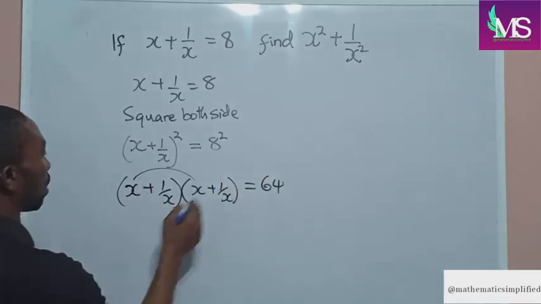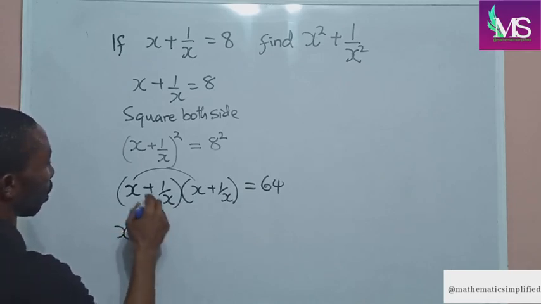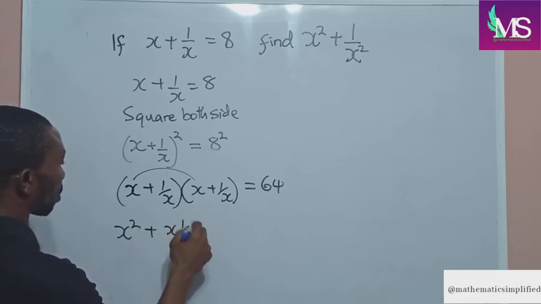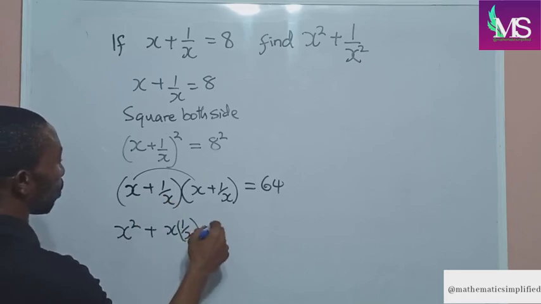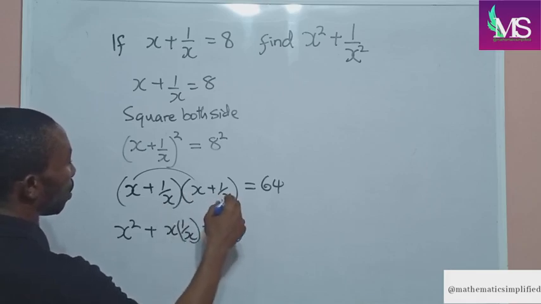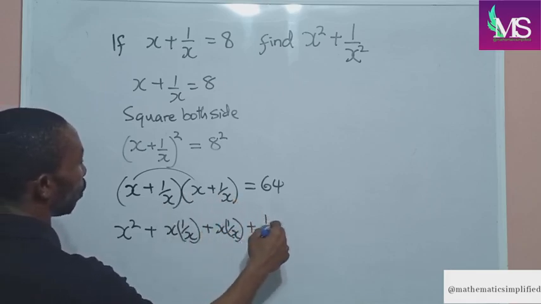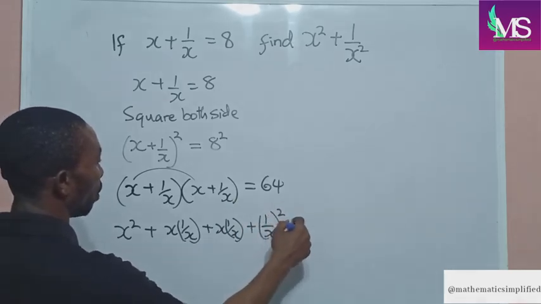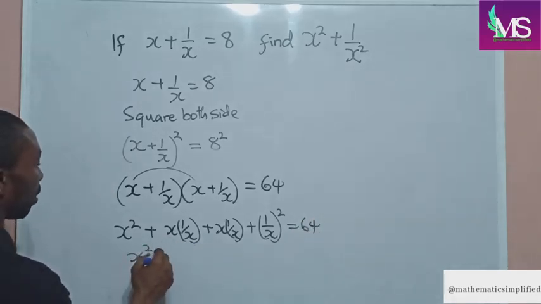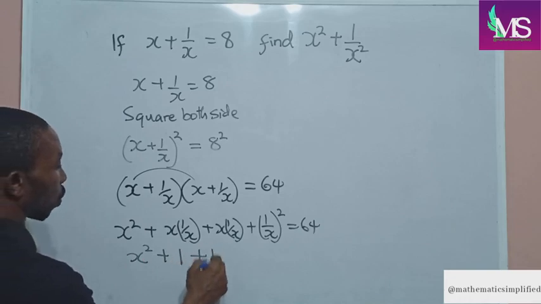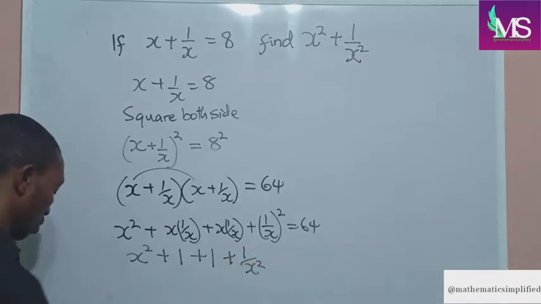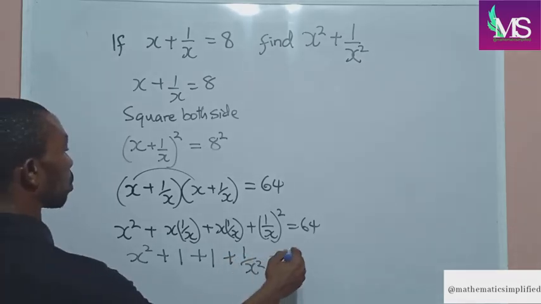Now x times x will give us x squared. Then x times 1 over x, plus x times 1 over x, plus 1 over x squared equals 64. Now we know that this is x squared plus 1 plus 1 plus 1 over x squared, equals 64.